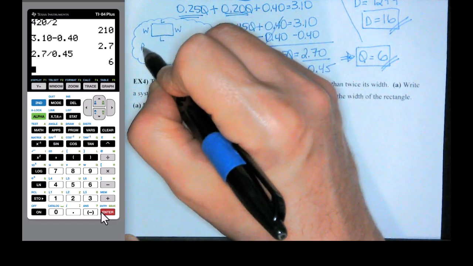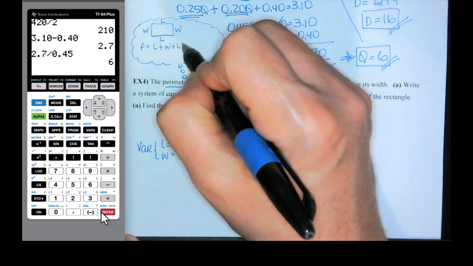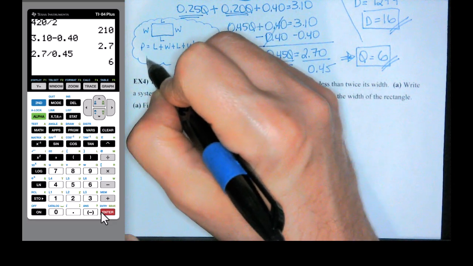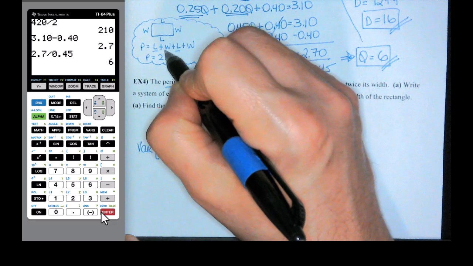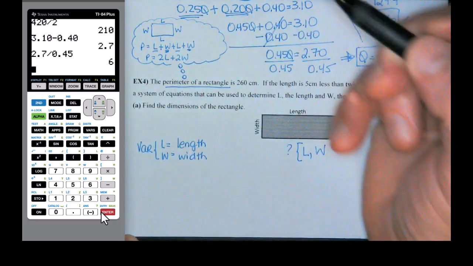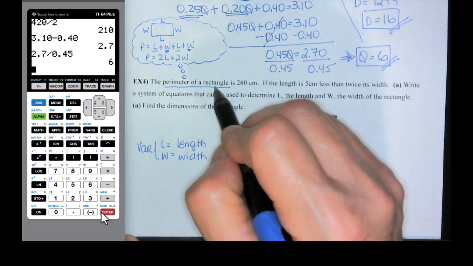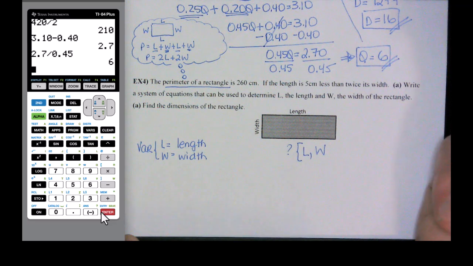So if I was to find the perimeter of this rectangle, it would be L plus W plus L plus W. And if I combine that, this would be 2L, because I have 2 L's right here, and then I have 2 W's. So in other words, anytime you think about the word perimeter of a rectangle, I need you to remember this formula, 2L plus 2W.